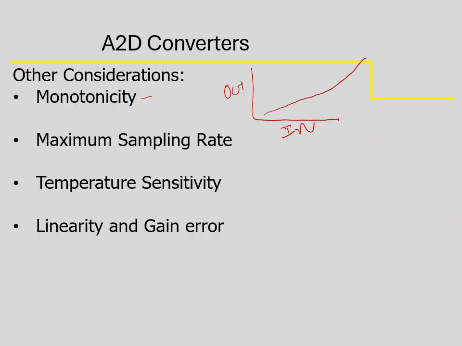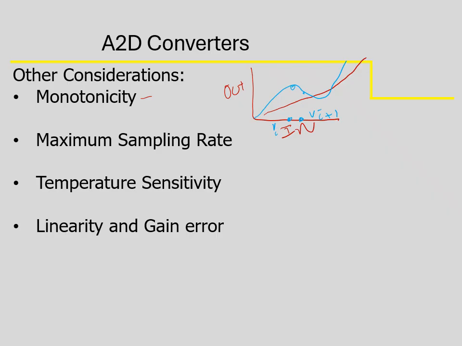If we had something that went like this, that would mean I could get an increase in the input voltage. Like if this was the input voltage, let me do this first. So let's say this is VI and this is VI plus 1.